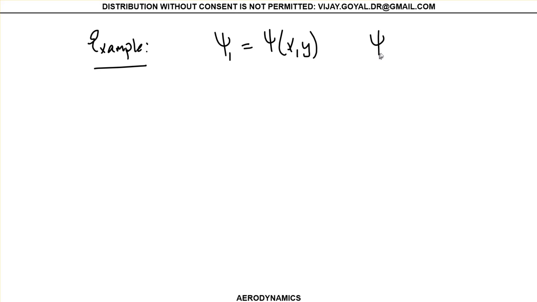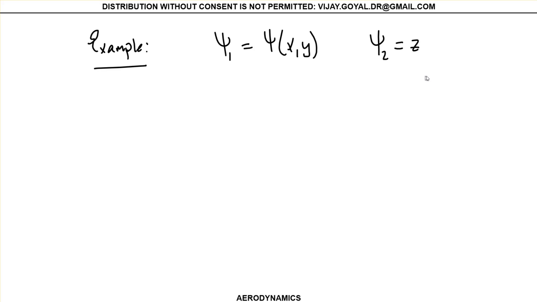To better understand this, a very simple example could be: let's consider a streamline psi 1, which is going to be a function of x, y, and let's take a psi 2 that's going to be a function of z.